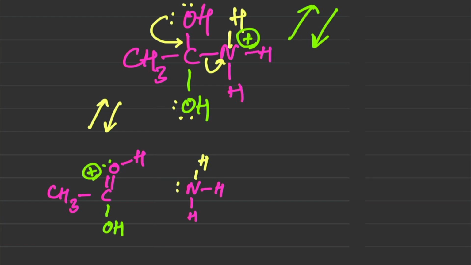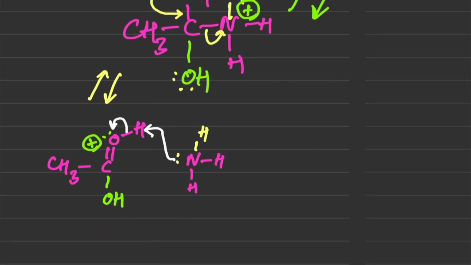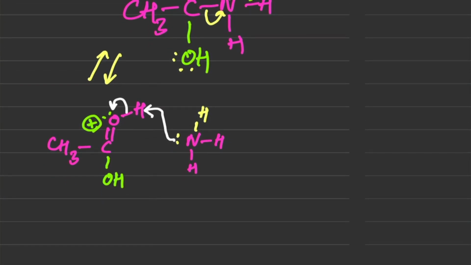And what should be our next goal? Our next goal should be to neutralize the positive charge on oxygen. So in this case, we will abstract the proton. Now somebody would abstract the proton. It turns out ammonia is one of the most basic lone pairs you will find in the reaction.